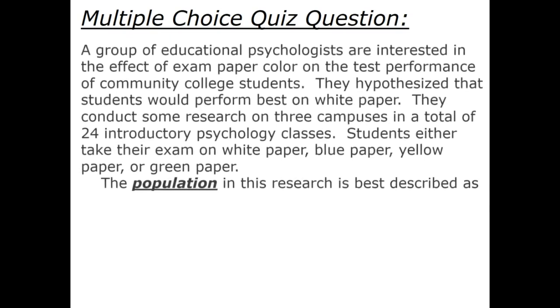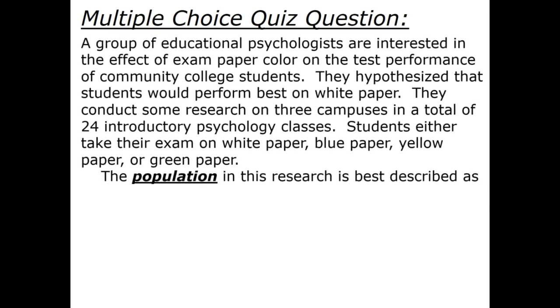A group of educational psychologists are interested in the effect of exam paper color on the test performance of community college students. They hypothesized that students would perform better on white paper. They conduct some research on 3 campuses in a total of 24 introductory psychology classes. Students either take their exam on white paper, blue paper, yellow paper, or green paper.